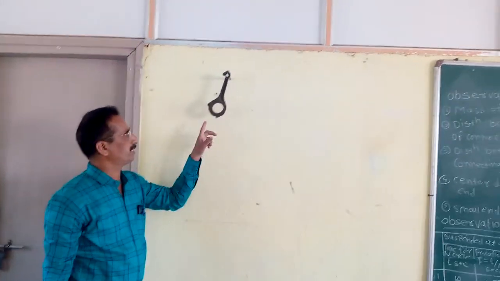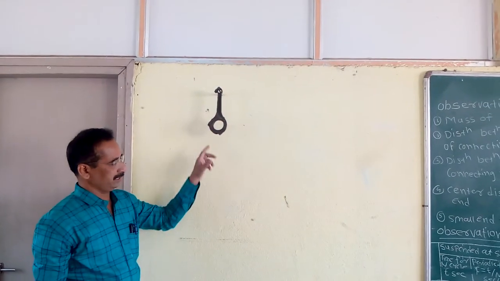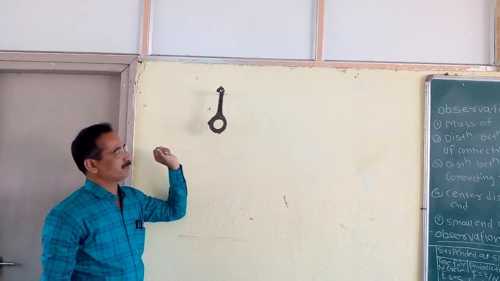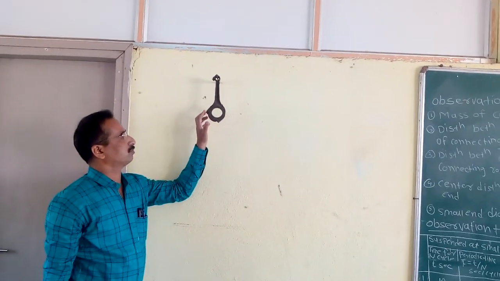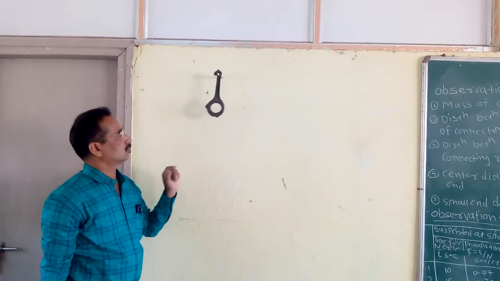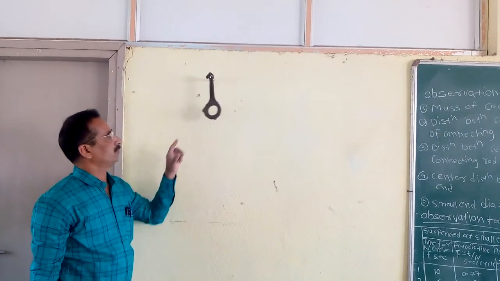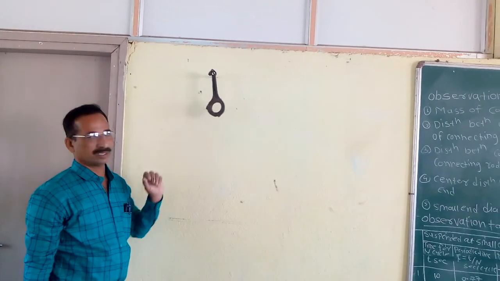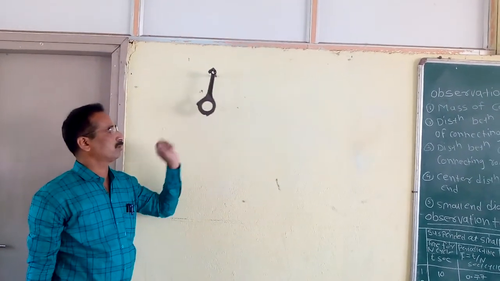During the experiment, first we kept n as 10. For the second observation, we kept n as 15, and for the third observation, n as 20. So for 10, 15 and 20 cycles, we measure the time with the help of a stopwatch.